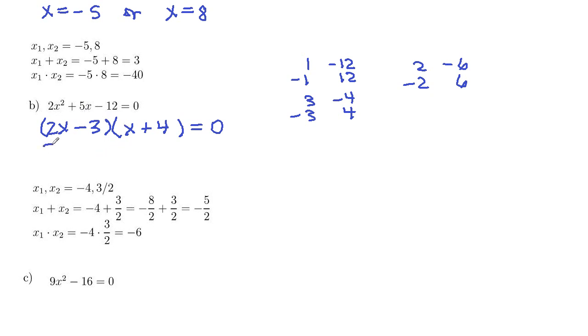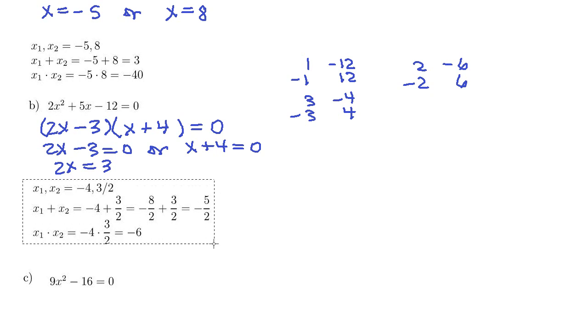So then either 2x minus 3 equals 0, or x plus 4 is equal to 0. Bring the 3 over as a positive, 2x equals 3. Divide by 2 on both sides. x equals 3 halves.